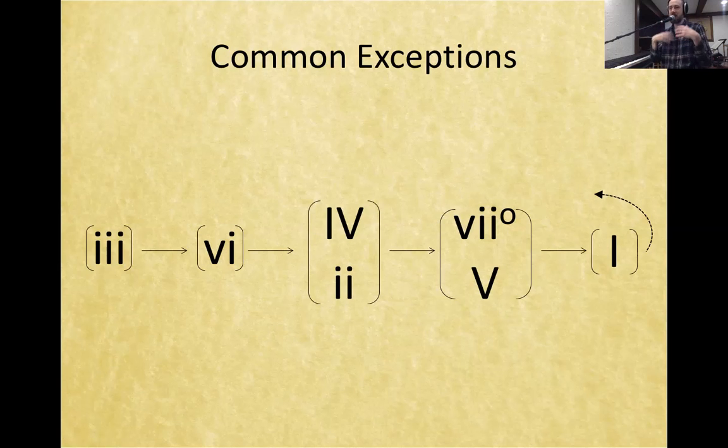And again, always think back to, what if each of these chords lasted for a measure? That's ridiculous. That would be this long progression. Here comes 4, 2, 7. You better have a lot to say in that progression.